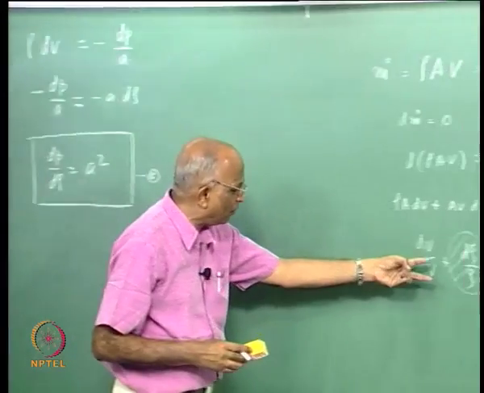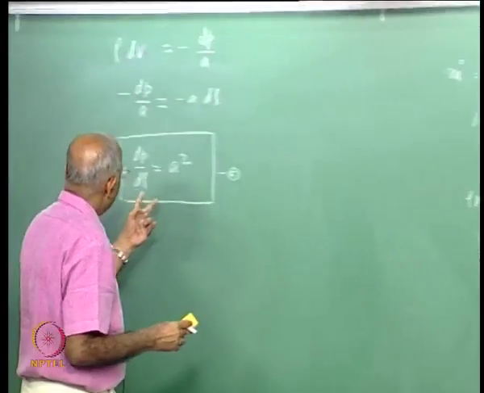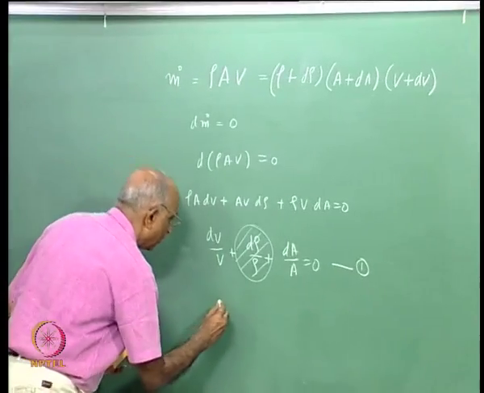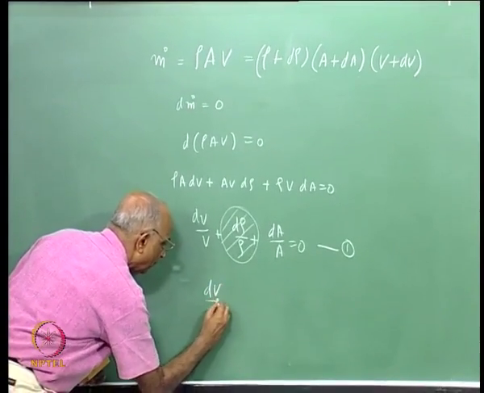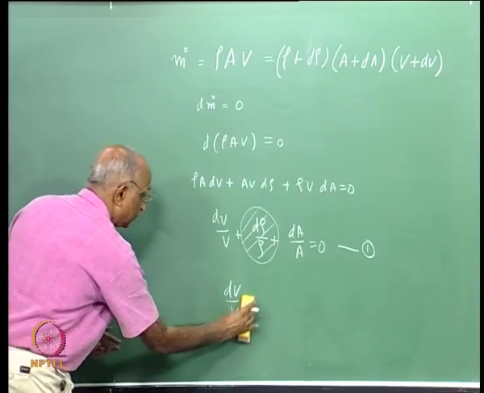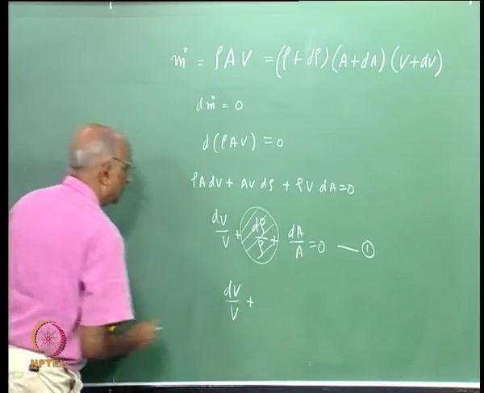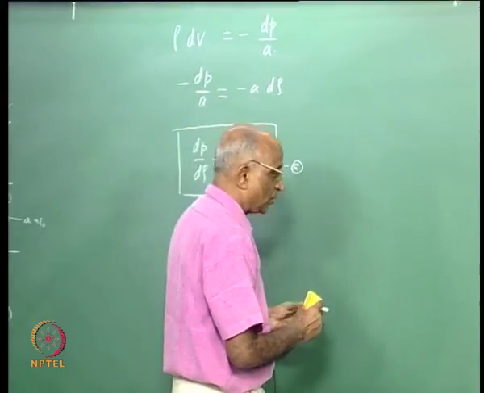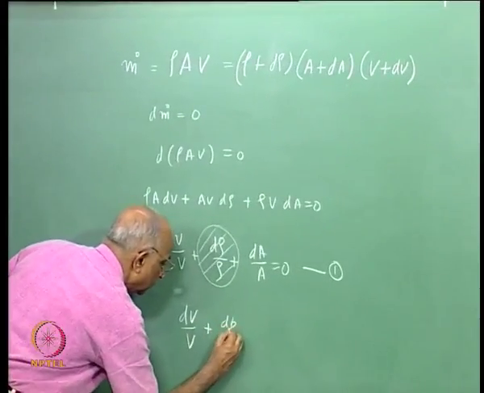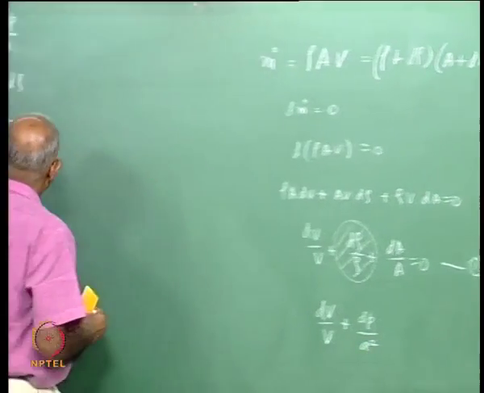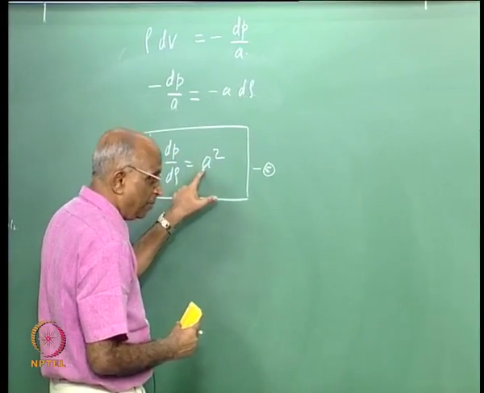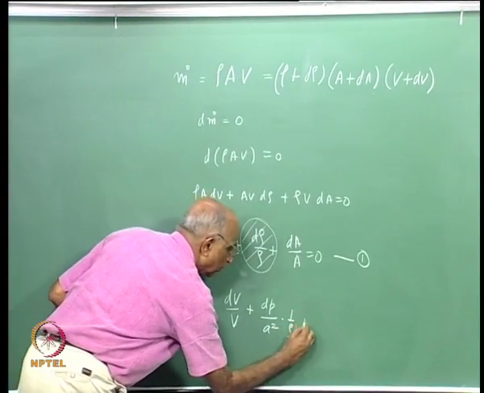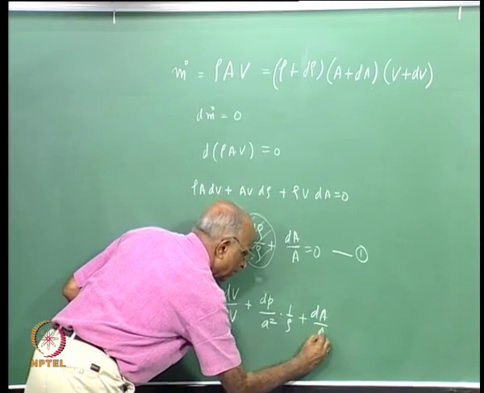I wanted to get rid of d rho by rho, and therefore if I were to now write d rho is equal to dP by A square, from this equation I get dV by V is equal to plus d rho by rho, and d rho I take here, therefore I get dP by A square, with 1 over rho, plus dA by A is equal to 0.